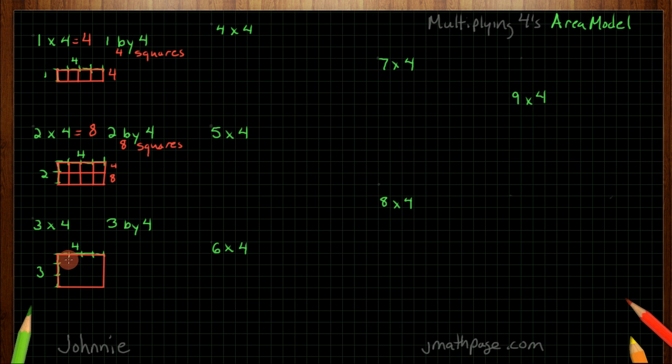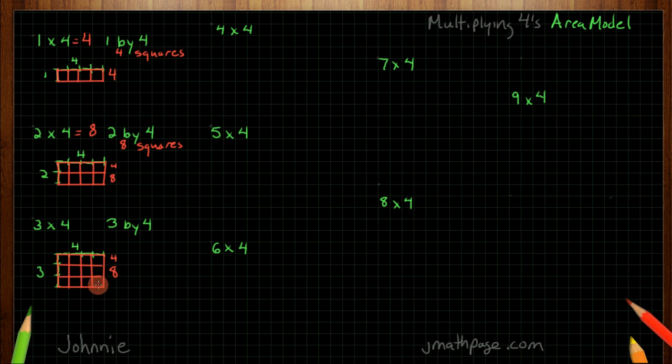Let's break it down. We have 1 column, 2 columns, 3 columns, 4 columns. How many rows? 1, 2, and 3. That's good. But how many squares are there now? Well, we know that this first row has to have 4. And we know that 2 rows together makes 8.